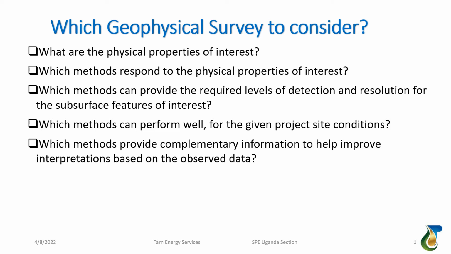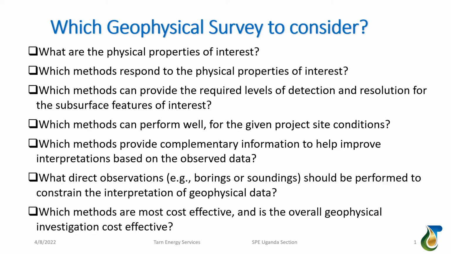Maybe the density and elastic velocity are related, and maybe resistivity is also related. So in that case, I can carry out gravity, seismics, and resistivity, so that each of those interpretations is going to complement the other methods that I'm using.